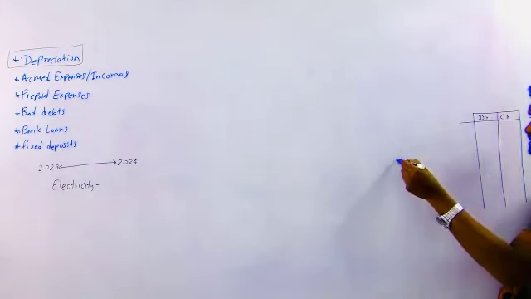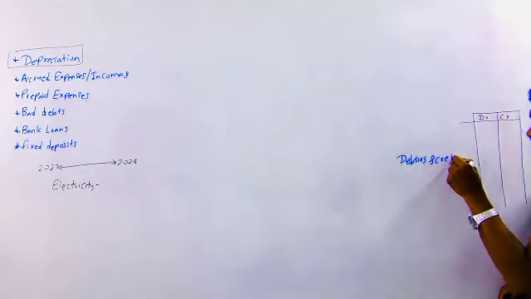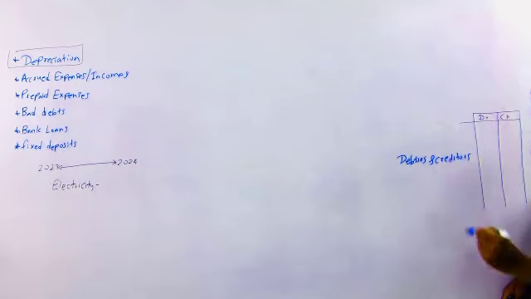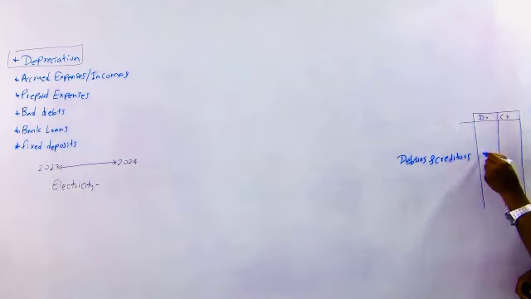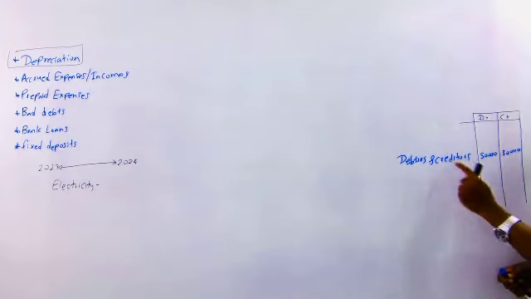Sometimes they give us debtors and creditors, and they put 50,000 for debit side and 30,000 for credit side.